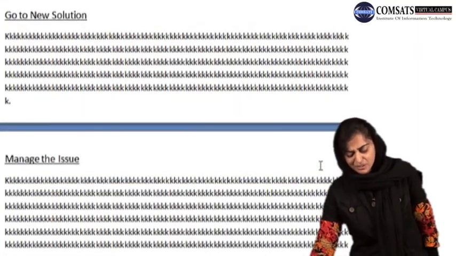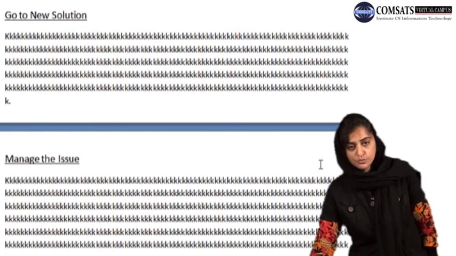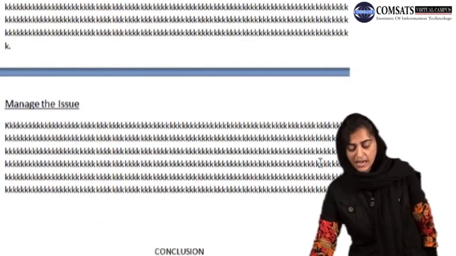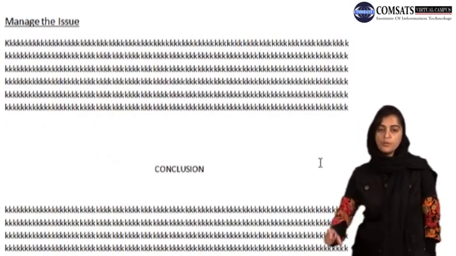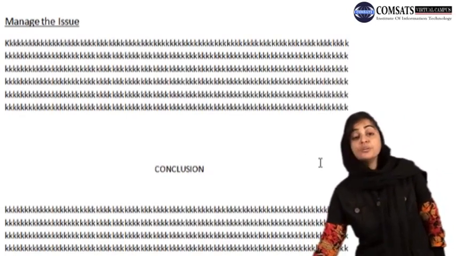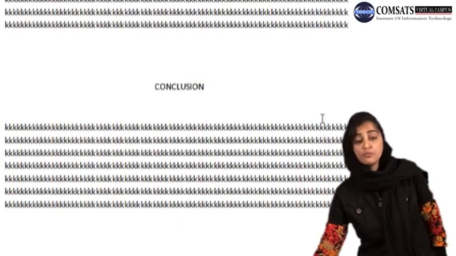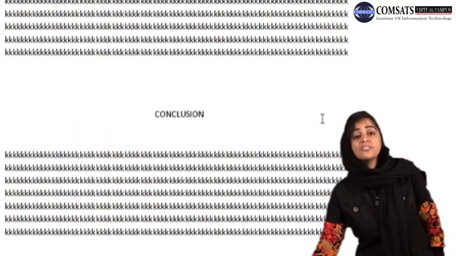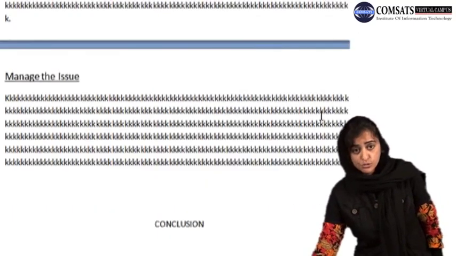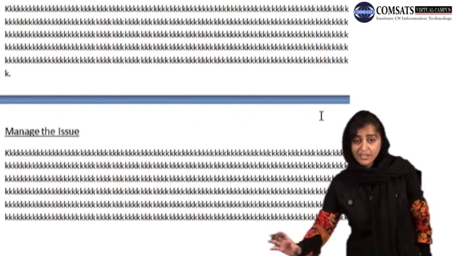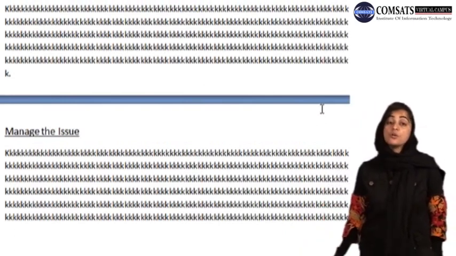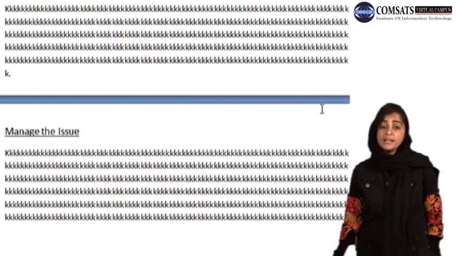Then another third degree, "Manage the issue," and again the imperative type, and last the first degree again and in the topic type. So this report, dear students, used two degrees of headings. One was the first degree of heading and the other was the third degree of heading. The first was used in the topic type wherever the first degree was used, and the third degree was being used in the imperative type wherever it was being used in the report. So this report was following the parallel format of the headings as it should have observed.